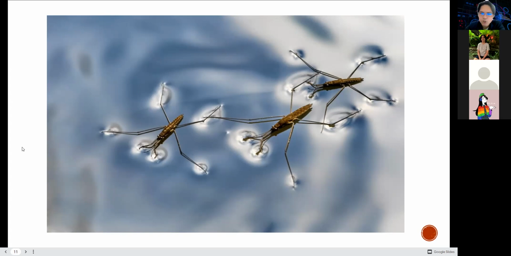Remember that your liquid has forces also. These forces are continuously moving, and these forces also allow surface tension to happen.